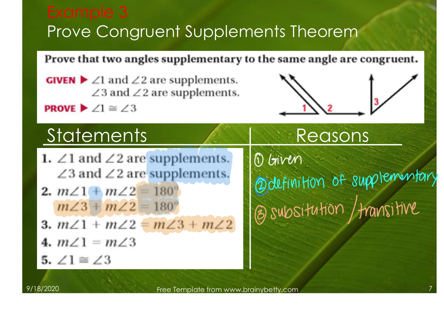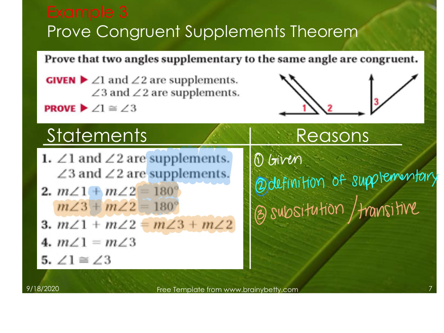Okay, now look at 4. What's happening? How am I getting from 3 to 4? Subtraction of angle 2. Good. So this one is subtraction.